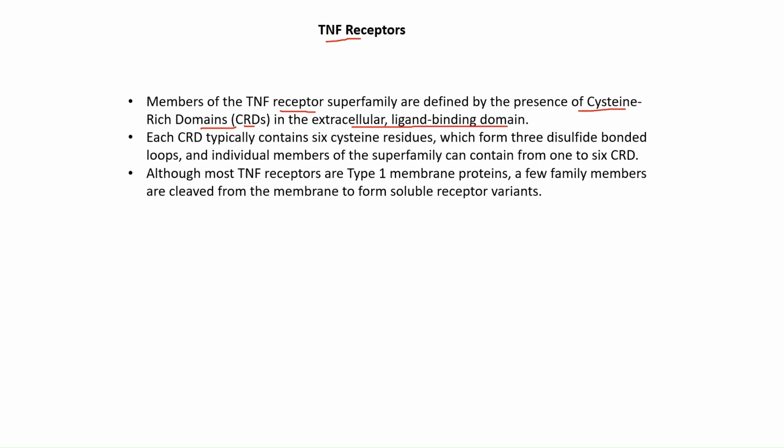Because they are cysteine rich, they can form disulfide bond loops, and individual members of the superfamily can contain from 1 to 6 CRD. Although most tumor necrosis factor receptors are type 1 membrane proteins, a few family receptors are cleaved from the membrane to form soluble receptor variants.